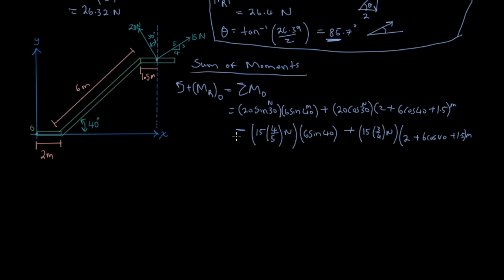So when you punch all that into our calculator, we get 205.4 Newton meters. Or we can just simply write 205 Newton meters counterclockwise.